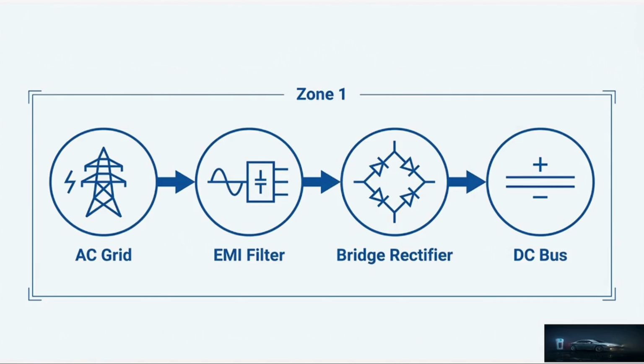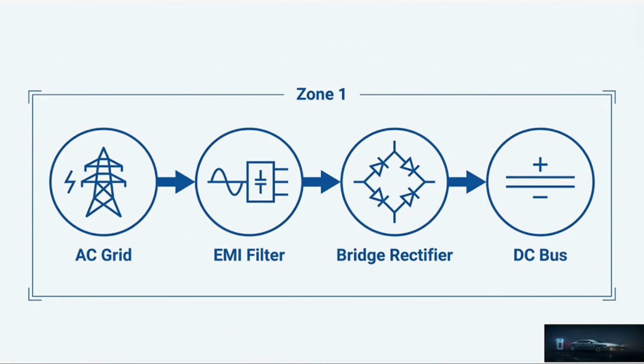If you can see this slide, this is where I will explain the four components. This is zone 1, where all these elements are involved in the conversion from AC grid to DC bus.